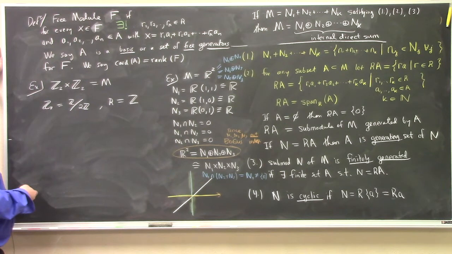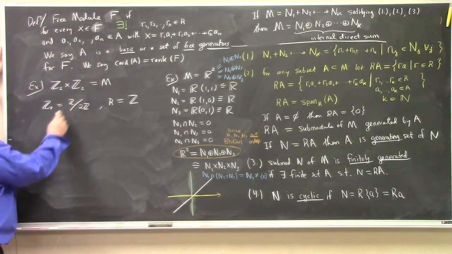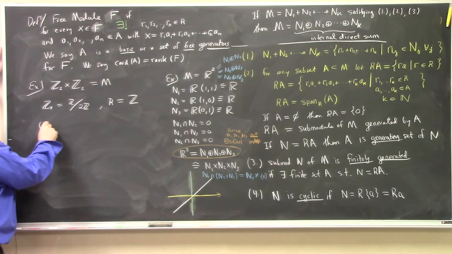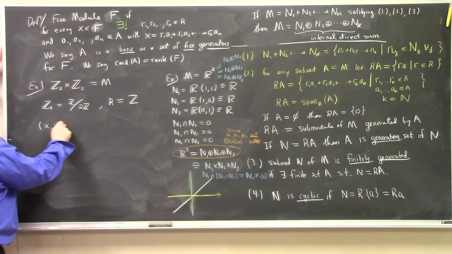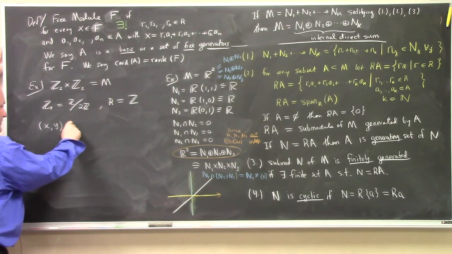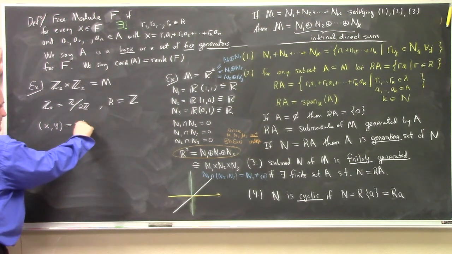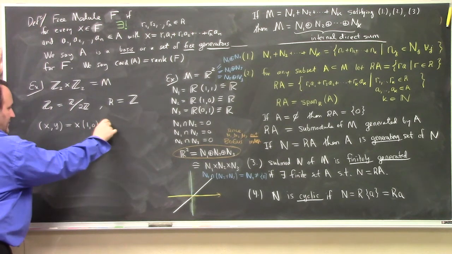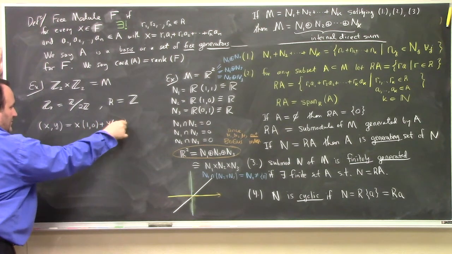Zero divisors? I don't know. I mean, what does this look like? This looks like X comma Y, right? Why can't I just do this: X times (1, 0) plus Y times (0, 1).